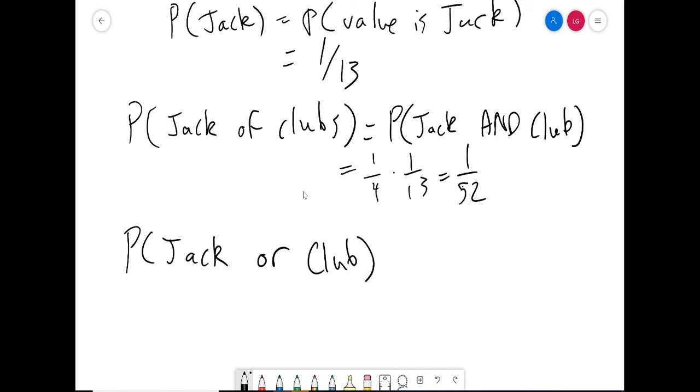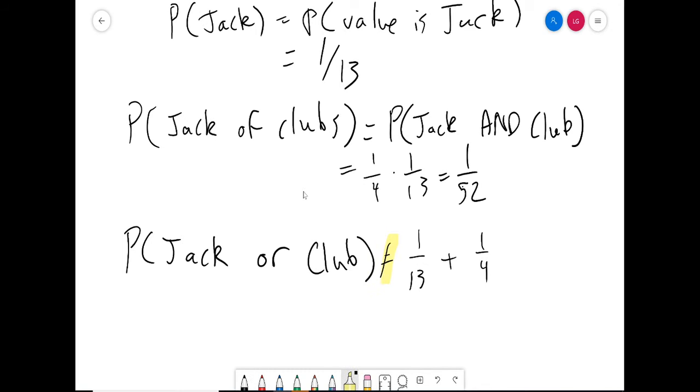Well, this we need to remember from the additive rule, which we covered last time, right? It is not equal to 1/13, the probability of a jack, plus 1/4, the probability of a club. Why is it not equal to that?